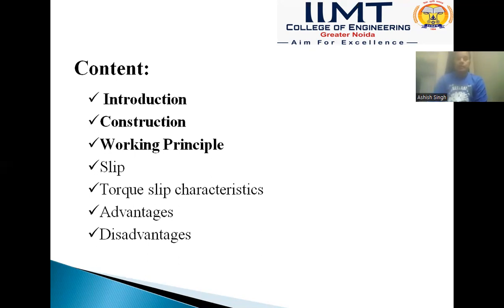And thereafter, we will discuss the working principle of three-phase induction motor, which principle it is based on and how it works. Then we will discuss slip, what is slip, and what are the various slip regions and how three-phase induction motor works in the slip region, and then thereafter we will discuss torque slip characteristics.